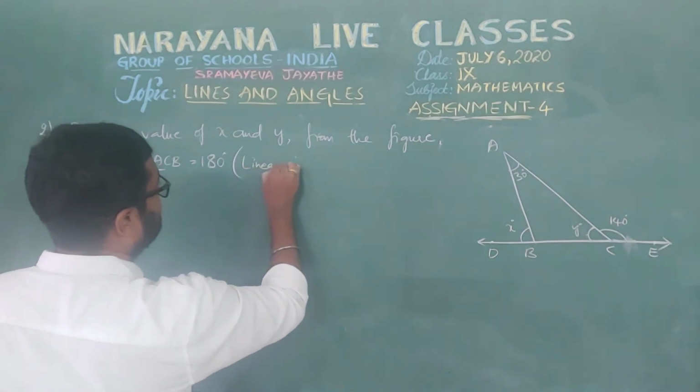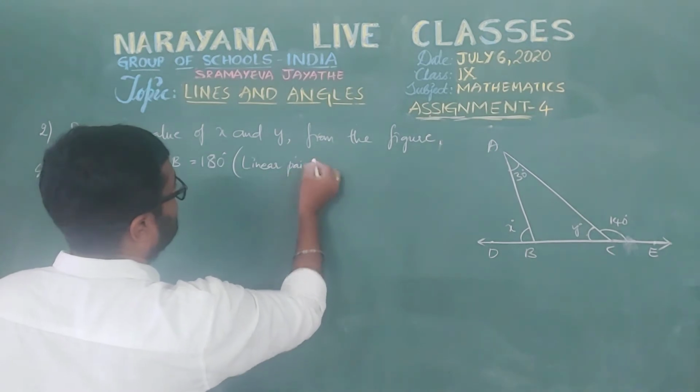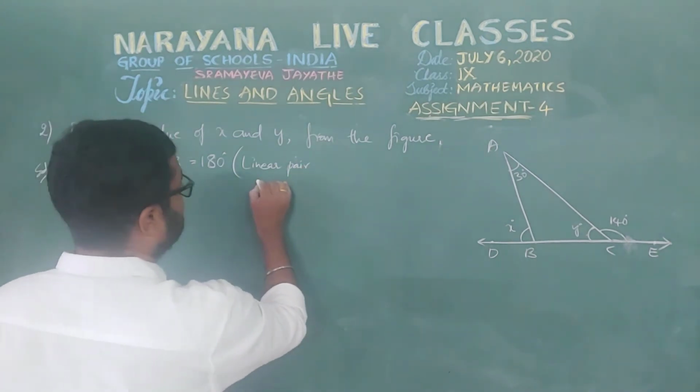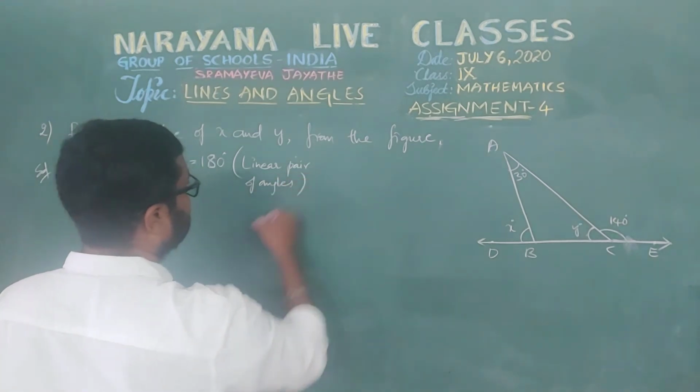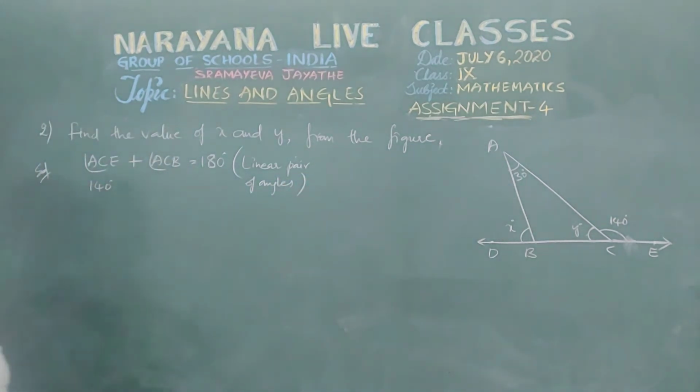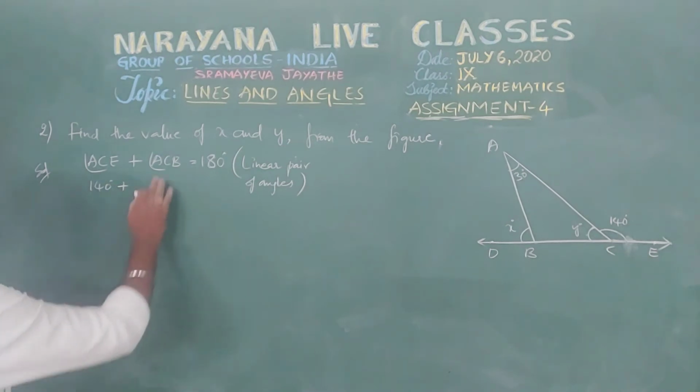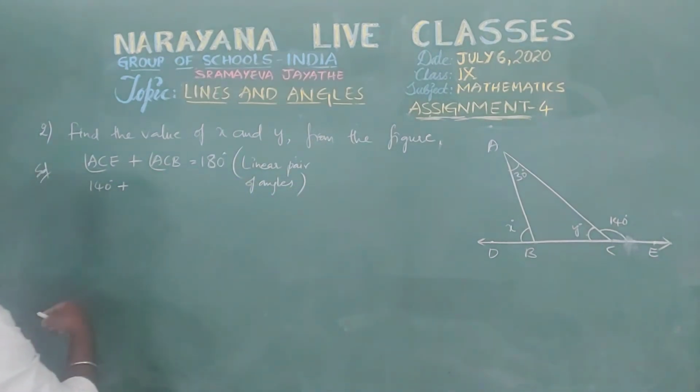Linear pair of angles. Now this is 140 degrees. Angle ACB is what?